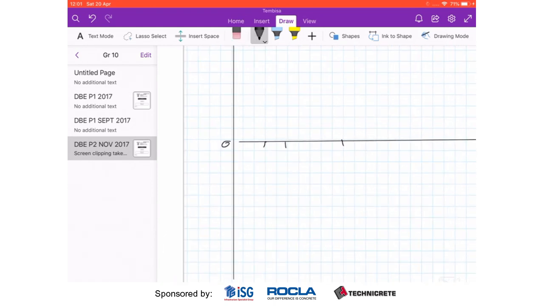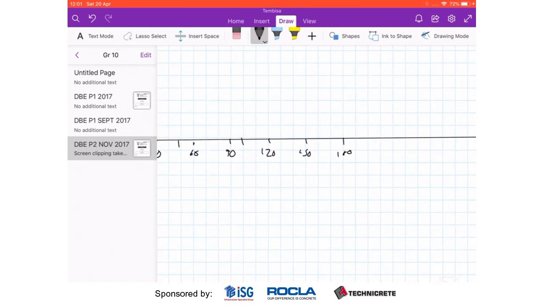So 1 2 3 is 30. 1 2 3 60. 1 2 3 90. 1 2 3 120. 1 2 3 150. 1 2 3 180. 1 2 3 210. 1 2 3 240. 1 2 3 270. Okay, but our restriction is till 270.